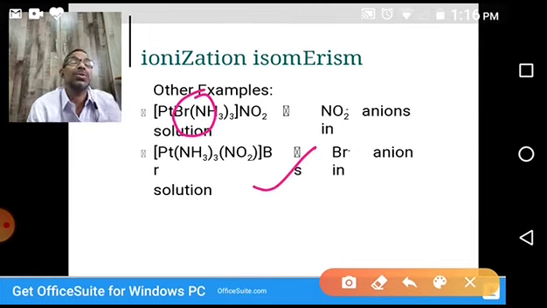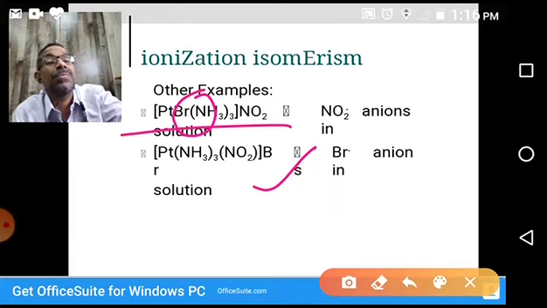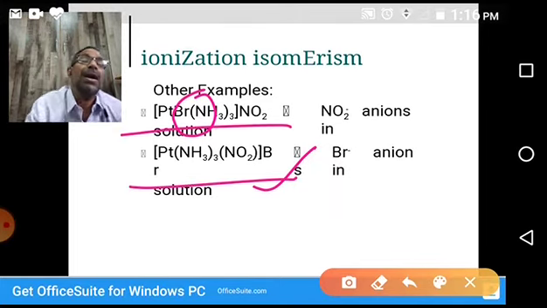That's why this compound doesn't give a test with AgNO3, whereas the other compound gives the Ag test. So even though the two compounds have the same formula, one gives the test for bromide and the other does not with AgNO3. That's the reason we classify these two compounds as ionization isomers.